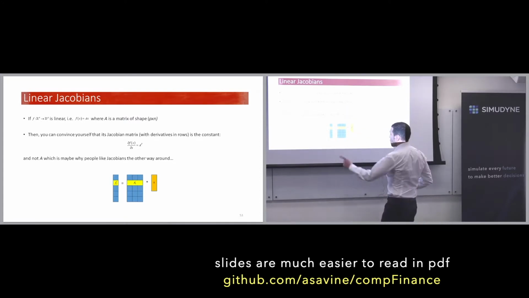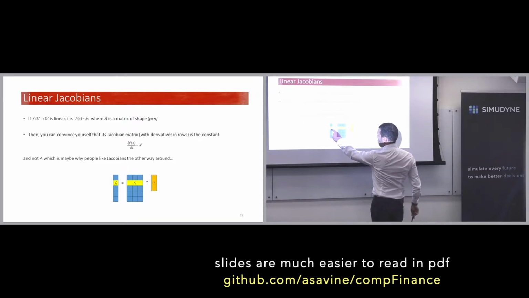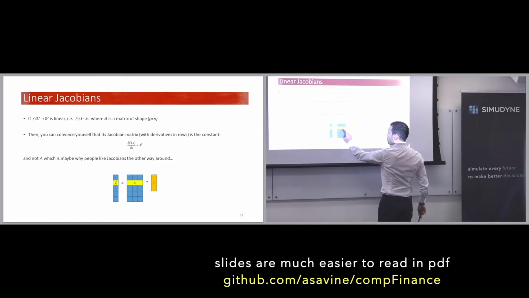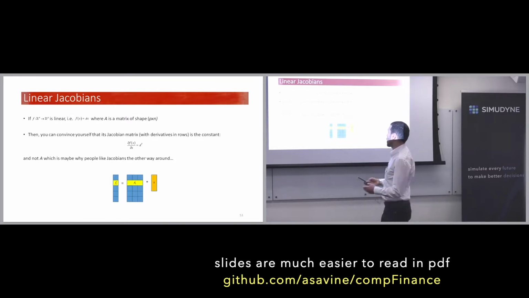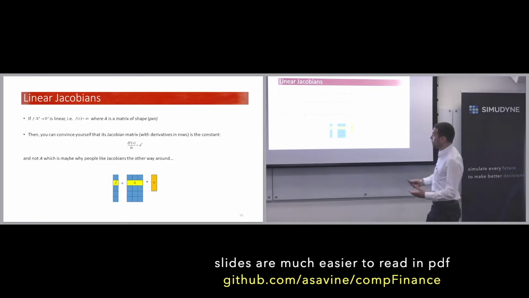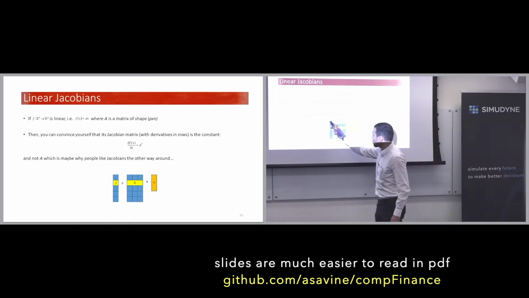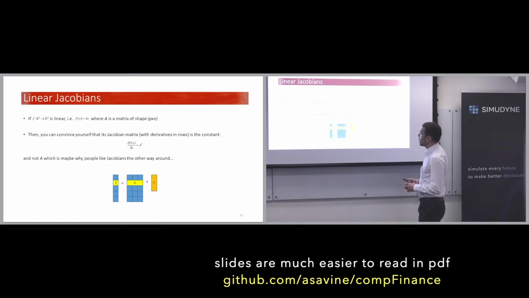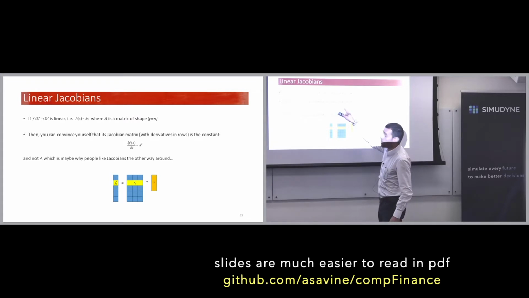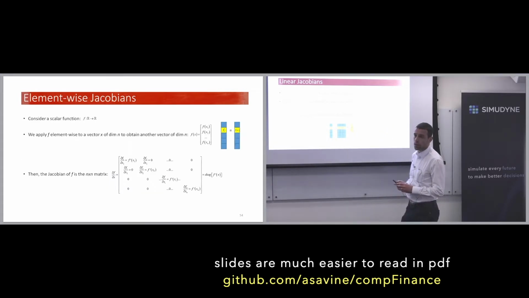Because each fi then will be the dot product of the ith row of A times x. So dfi over dx will be the ith row of A. And so df over dx will be a vertical concatenation of these ones. And because of the way we wrote the Jacobians the other way around, it will not be A, it will be A transpose. Okay?